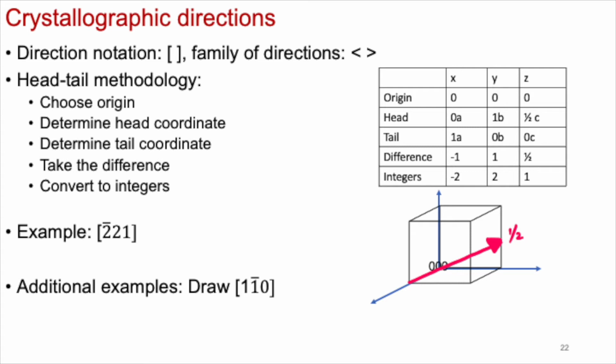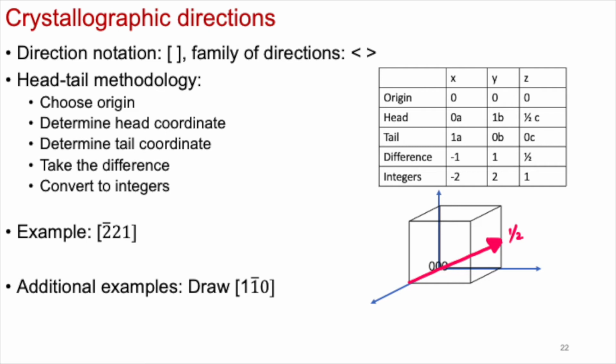So here the difference is -1, 1, 1/2, simple enough to multiply everything by 2 to get us the bar 2, 2, 1 direction.